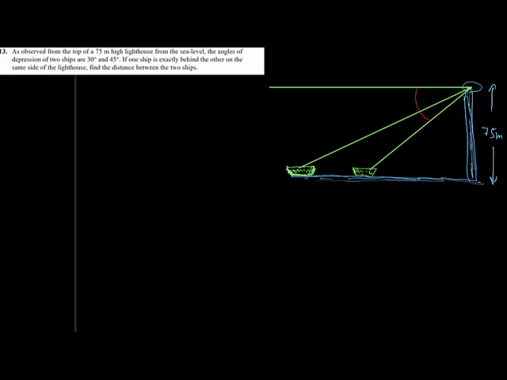This is 45, the ship which is closer, and the ship which is far, the angle of depression it makes is only 30. Sorry, this is 30 degrees, not 35. So here you're having 30 degrees and 45 degrees.